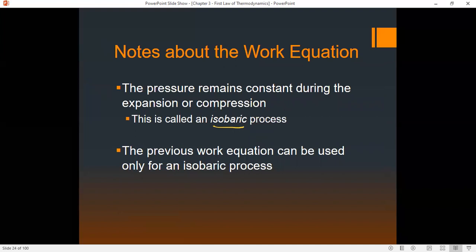Don't use this equation, work equals P delta V, for anything but isobaric, where the pressure is constant, okay? Because obviously, unless you've got this horizontal line, you're not going to get a rectangle, okay? And this is completely based upon the area of a rectangle.